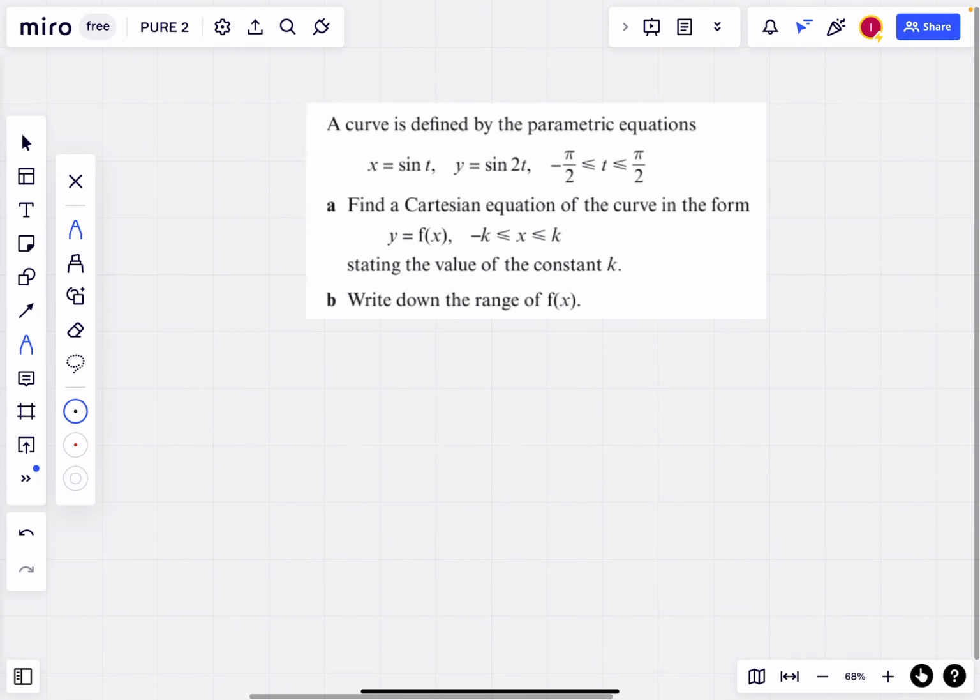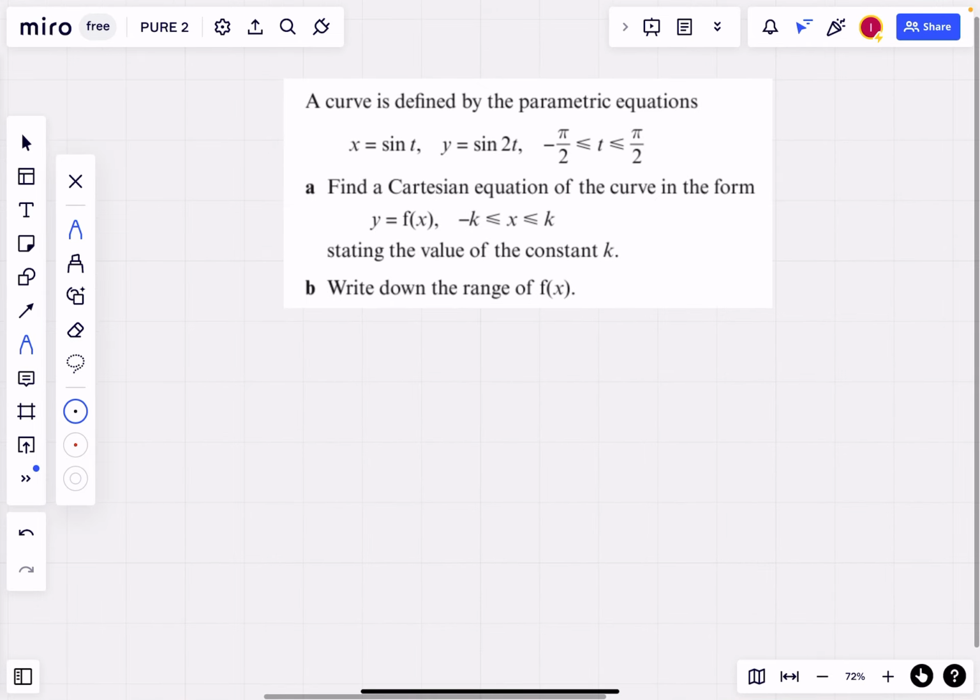This question. If you feel comfortable enough, you can try this on your own. If not, I'm going to go through this one and then you're definitely going to do the next one on your own. So, you want to find the Cartesian. They haven't really given you any indication as to what the Cartesian could look like, unlike the question before. So in this one, you're kind of guessing a little bit, but not really.